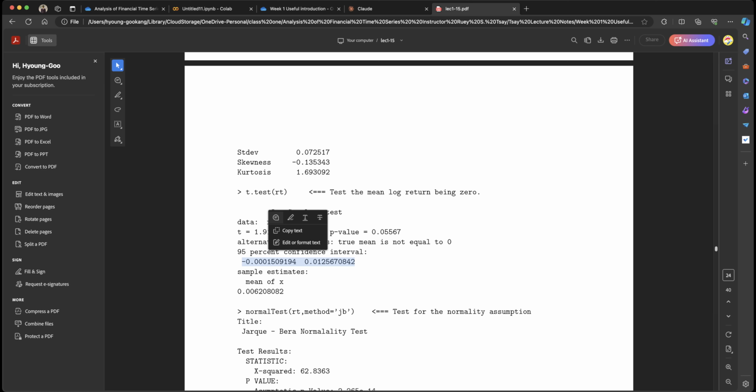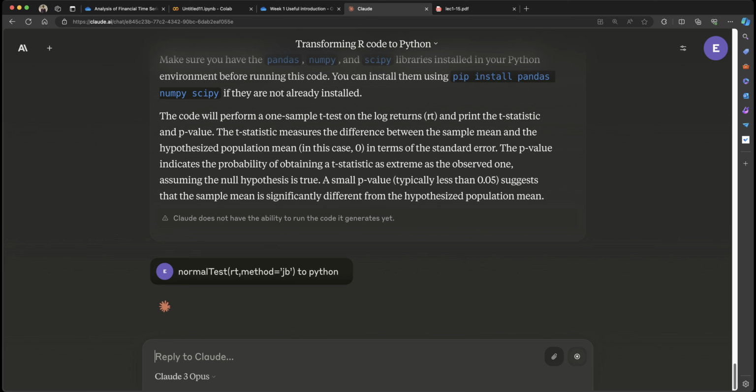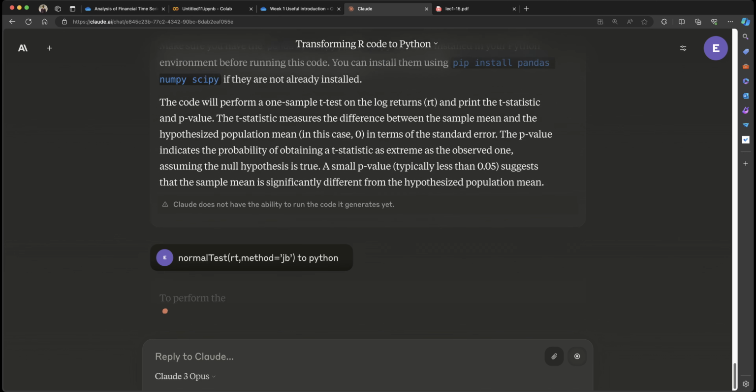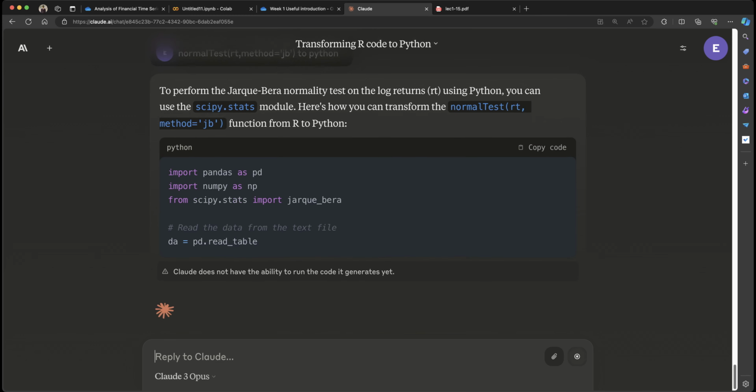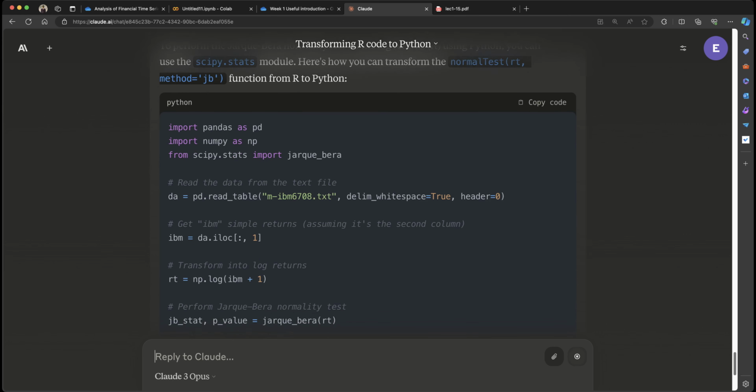How about the normality Jarque-Bera test? Okay, how about this one? The Jarque-Bera test. Now, in Python, to perform the Jarque-Bera statistics, we need this one.